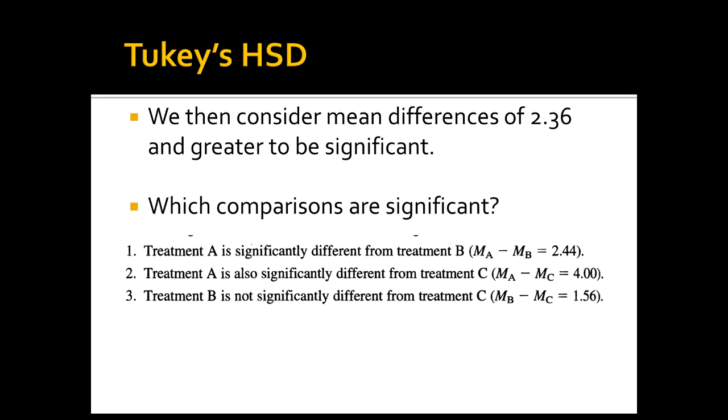My mind just went there for a second. So 4 and 2.44 are greater than 2.36. And our final one is treatment B versus treatment C, which is not significant. Mean sub B minus mean sub C equals 1.56, and 1.56 is less than 2.36.